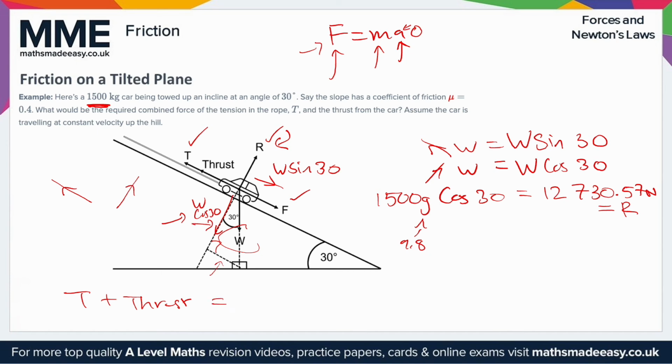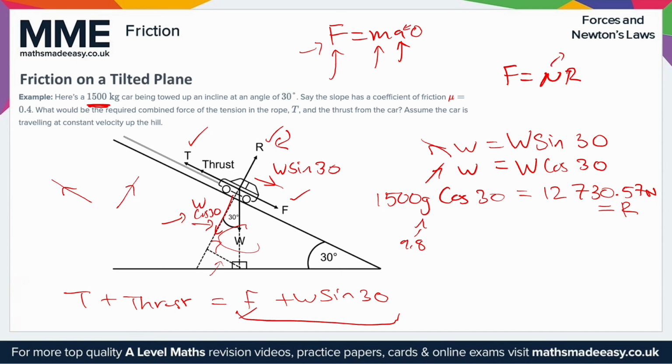Okay, so then this must equal whatever's going down the plane, which we know is F plus W sine 30. So we basically just need to figure out what this is. Well, we already know what W is now. W is 1500 G. And F, well, we can work that out because we know the normal reaction and we know that F equals mu R. So what's mu?